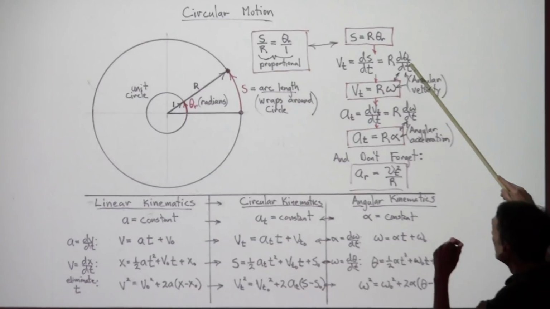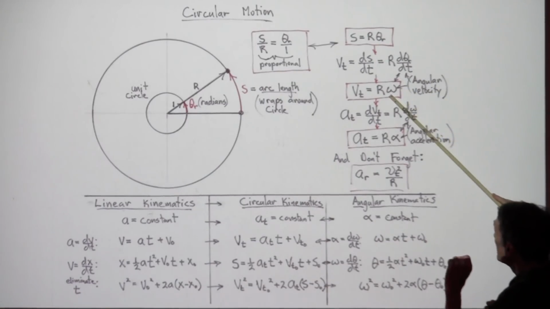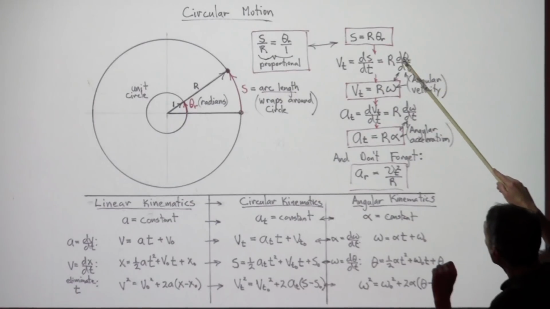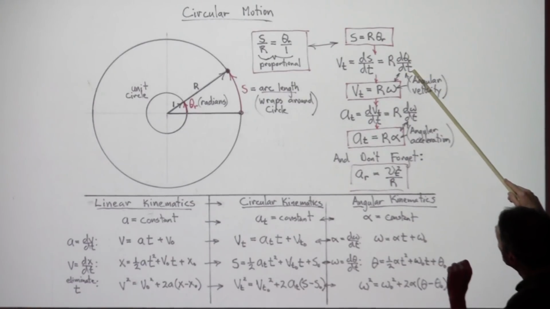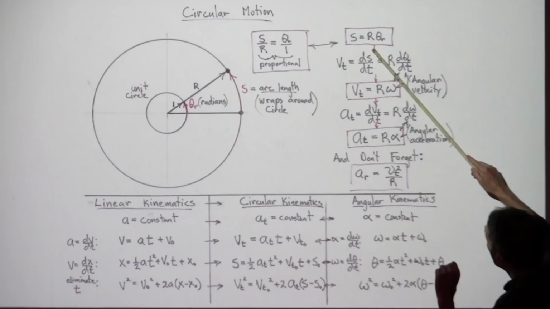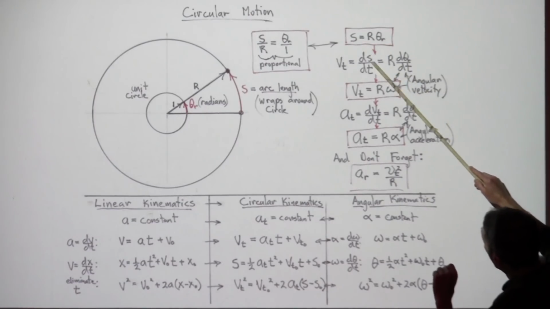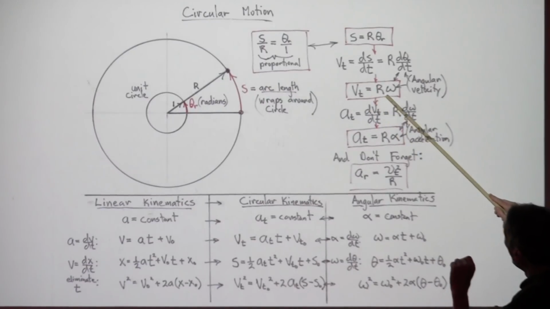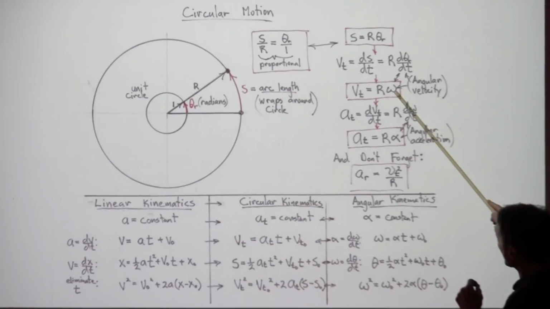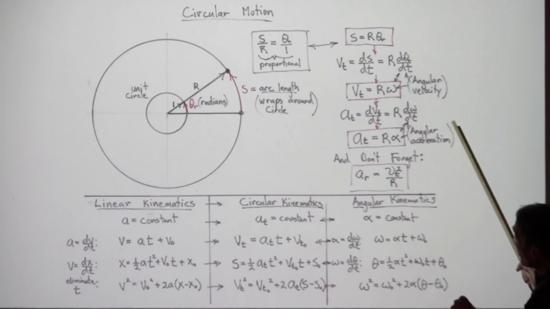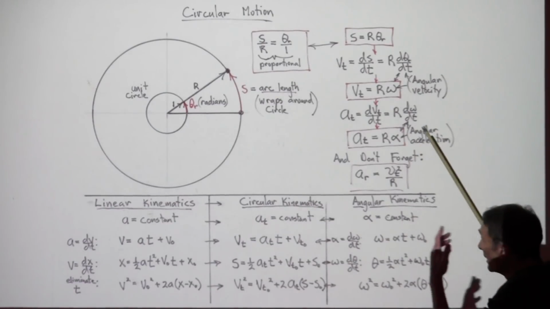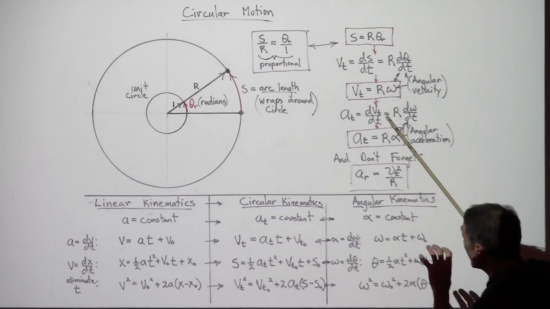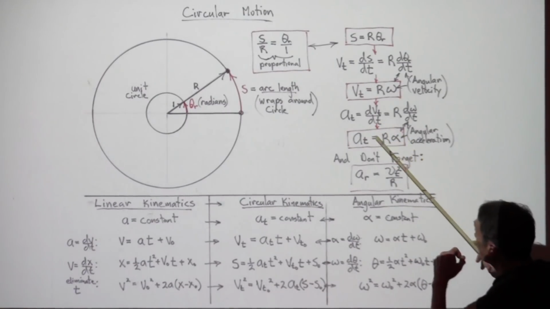We typically use the Greek letter omega to represent the time rate of change of theta with respect to time. So ds dt, the tangential velocity, is equal to r times the angular velocity. Lots of stuff to remember, and hopefully it will be more comfortable for you as you dig into this a little deeper.